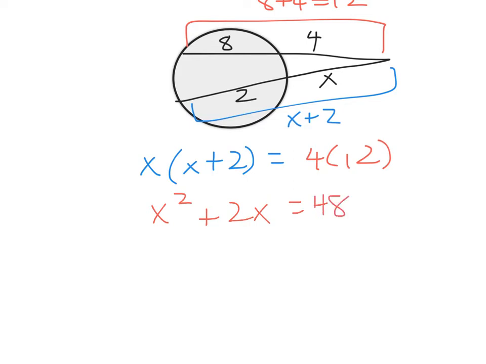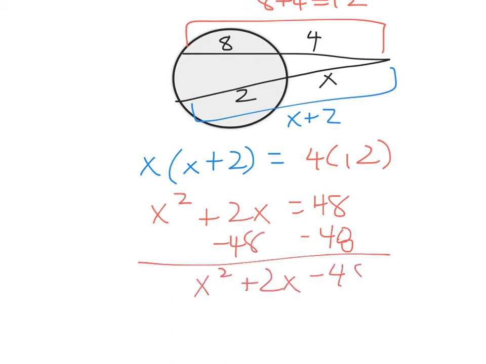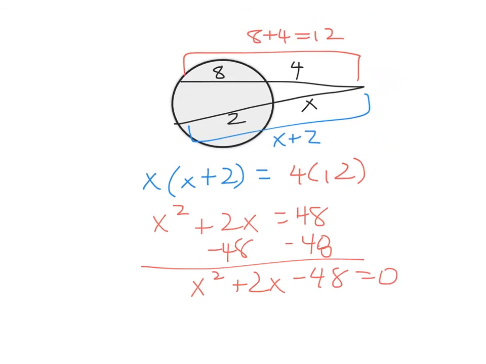I now need to get this in standard form so I can factor it. So I'm going to subtract 48, and I get x squared plus 2x minus 48 equals 0.